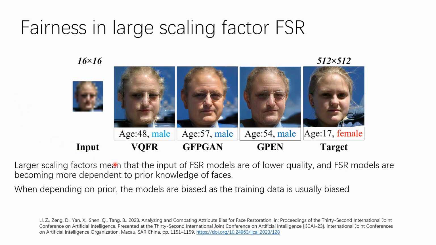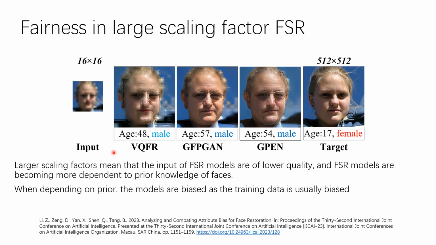And this is a very good example of the bias phenomenon for face resolution models. You can see that the scaling factor we use here is 32, which is very big, and the input image is very blurred and very low resolution.